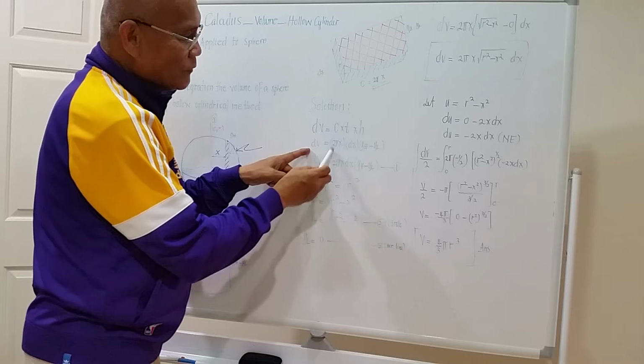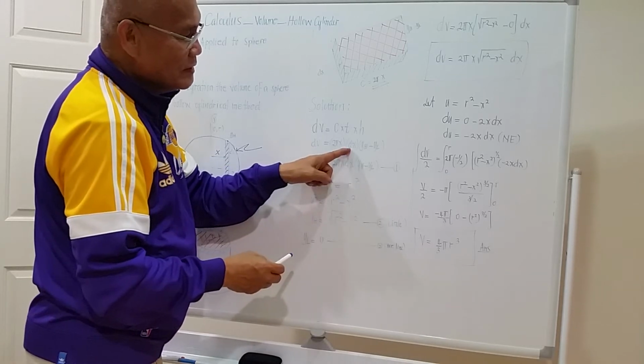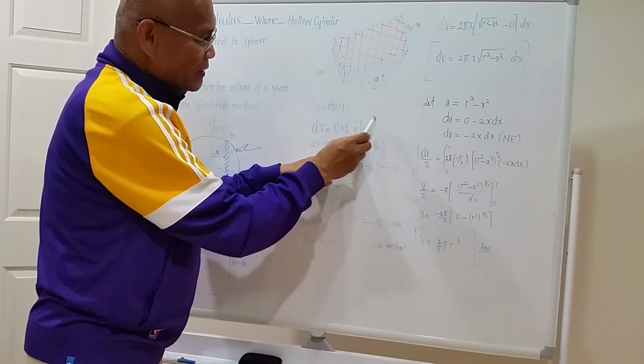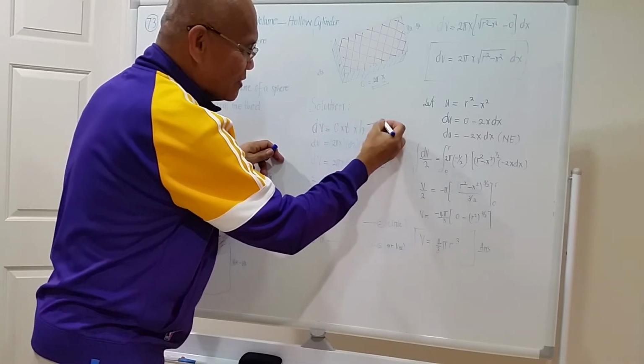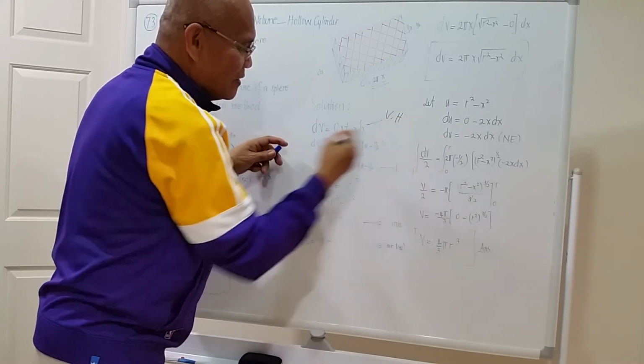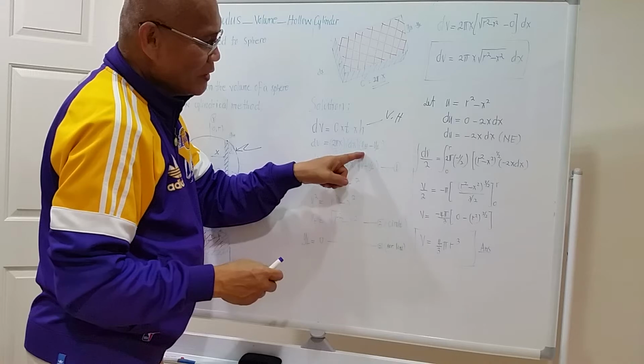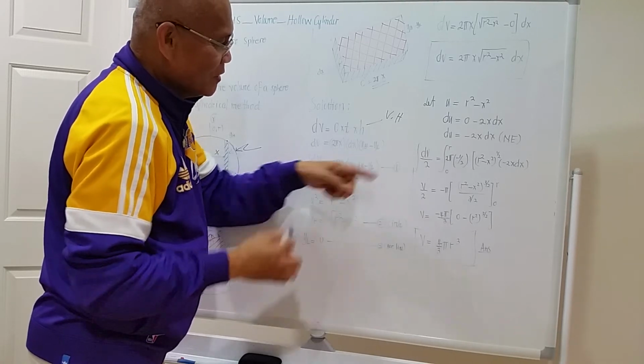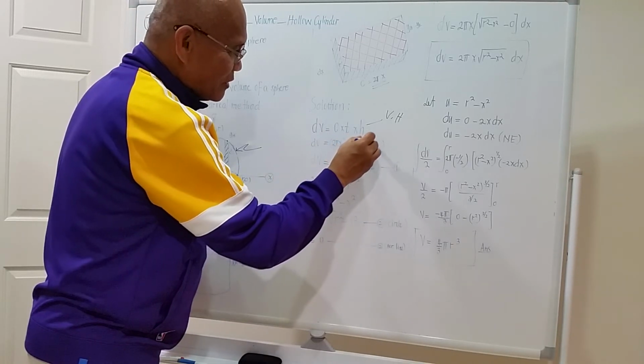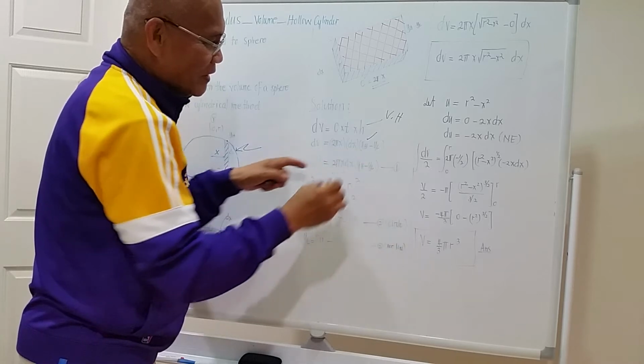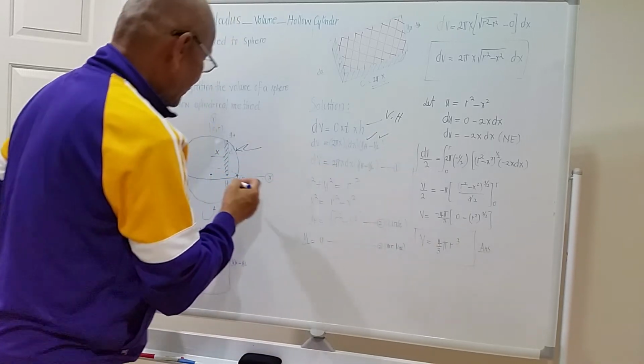Differential volume will be 2 pi x times dx. The height, this is a variable height, guys. It is the difference of y higher minus y lower. Y higher is the ordinate of the circle, and y lower is the ordinate of the straight line over here.